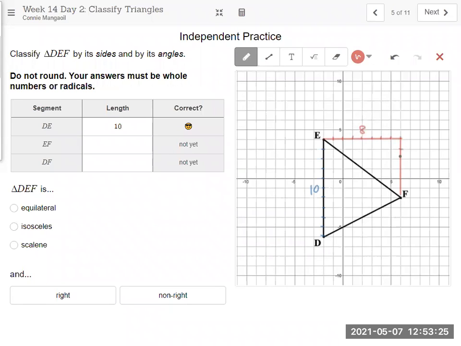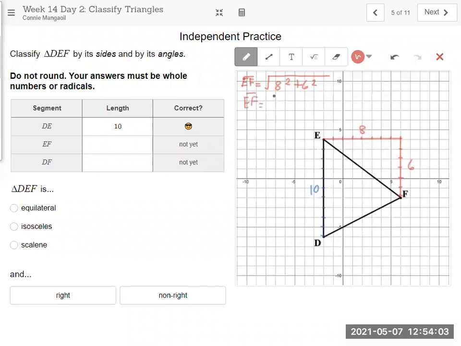And then this is 1, 2, 3, 4, 5, 6. That's 6 units. All right. So EF would then be equal to the square root of, so the sides are 8 and 6. So you have 8 squared plus 6 squared. Okay, that's correct.